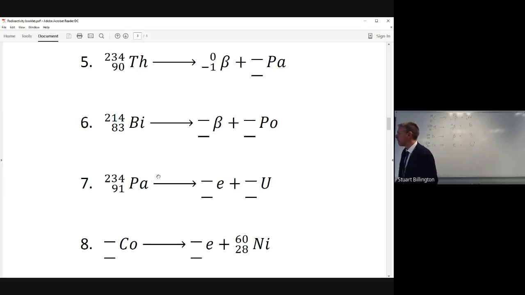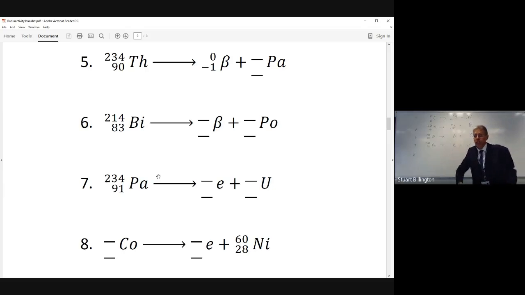Okay, let's have a little look at question number 5 then. So thorium turns into element Pa, which is actually protactinium. Good word. Okay, so thorium turns into protactinium. All that happens is you gain a proton.